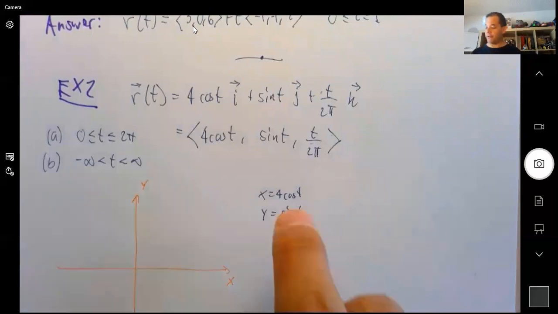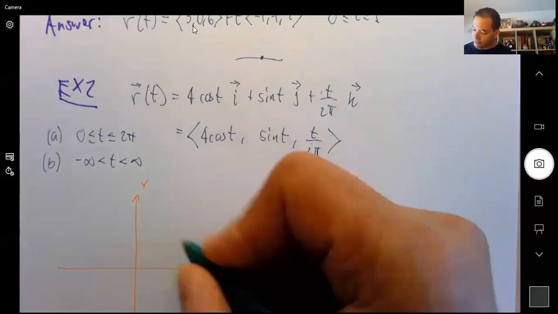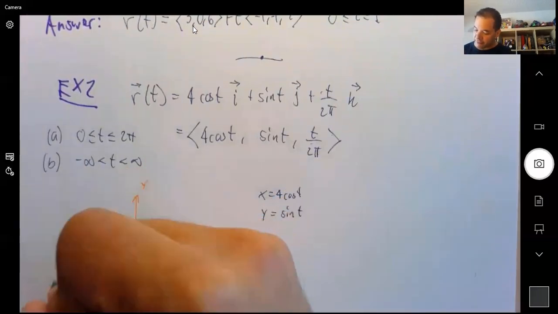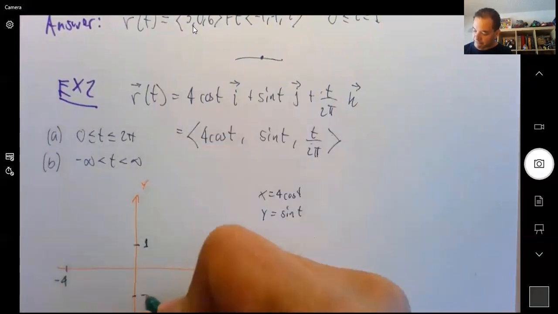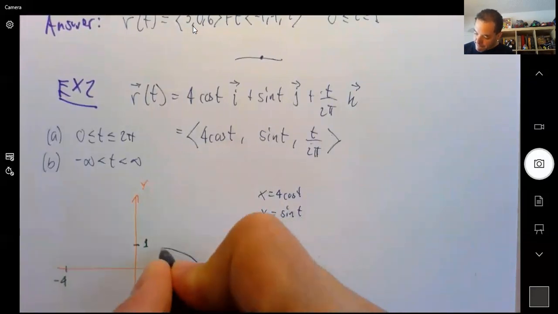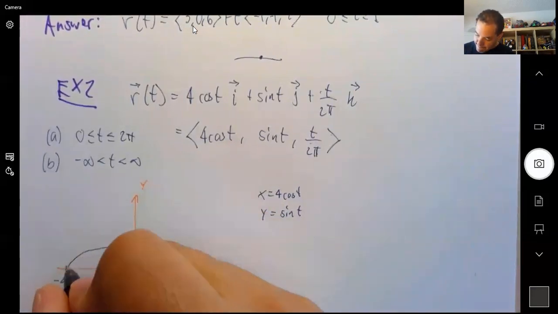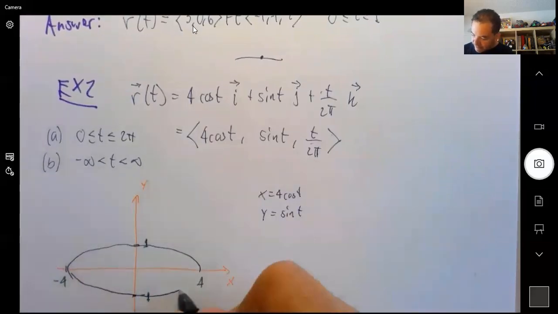Specifically, you go 4 units this way, and -4, but only 1 unit this way. So it's going to look like this ellipse that I'm drawing, more or less.